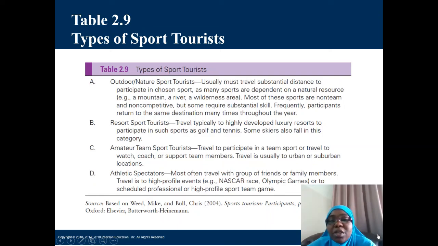They travel to participate in team sports or travel to watch, coach, and support team members. Then we have the athletic spectators. Most of them travel with a group of friends or family members. Travel is to high-profile events, for example, the Olympic Games, or scheduled professional high-profile sports team games. So these are the types of sport tourists that we have.